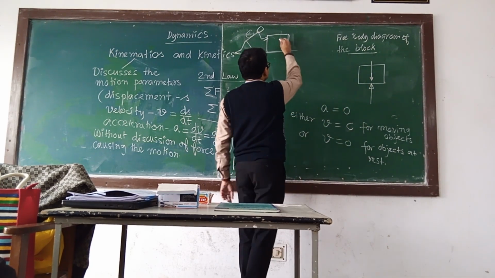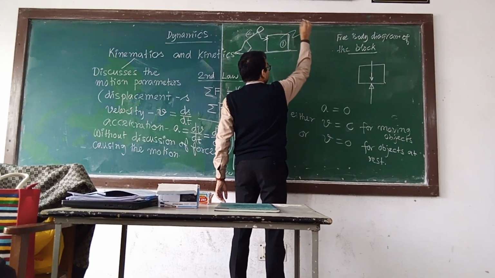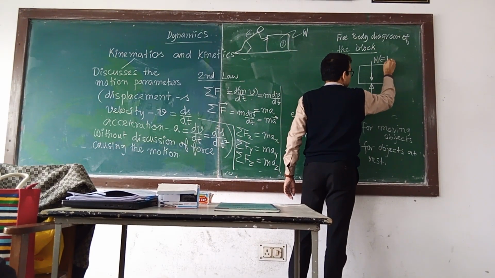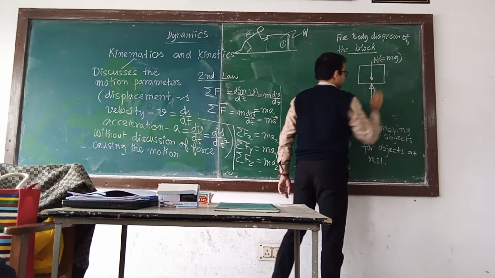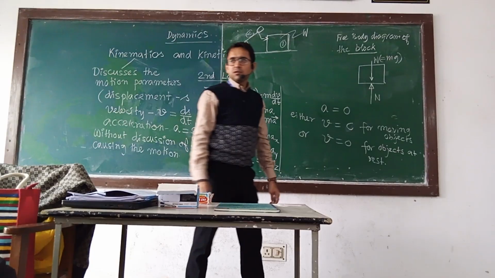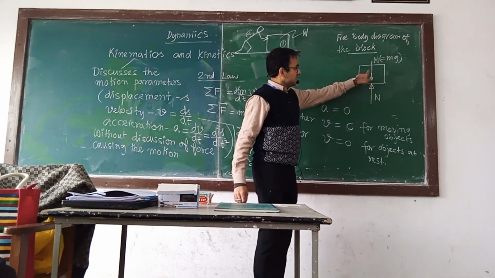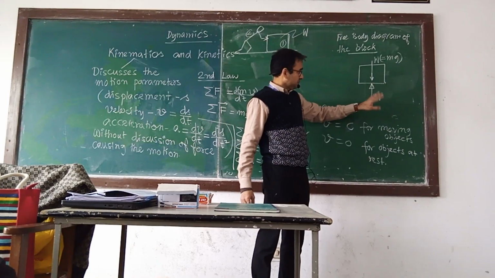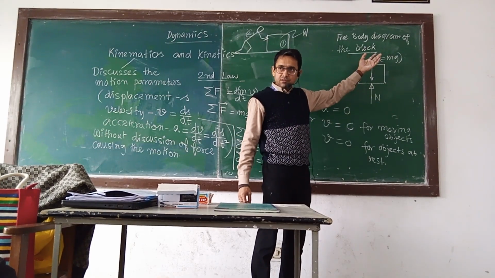So, for example, this is W. Weight is W, so you can write it is equal to mg. And there will be a reaction, a normal reaction, say N. So this is actually weight. N is the reaction by this.